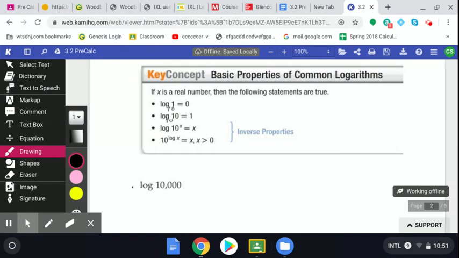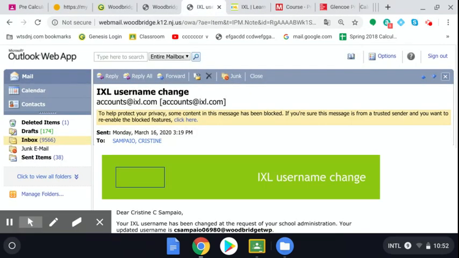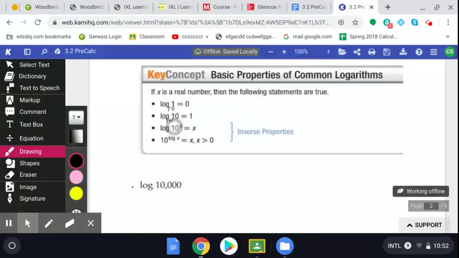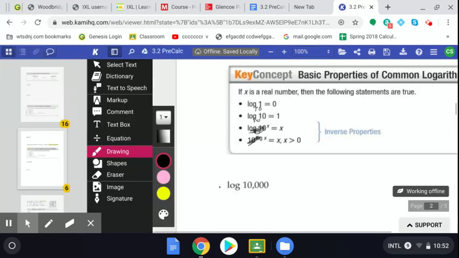And of course, log base 10 of 10, you already know those would cancel out because there is a base 10. And then 10 to the power of log base 10 would cancel out as well. And your answer should be just x, if x is positive, of course. So I gave you a couple examples here.